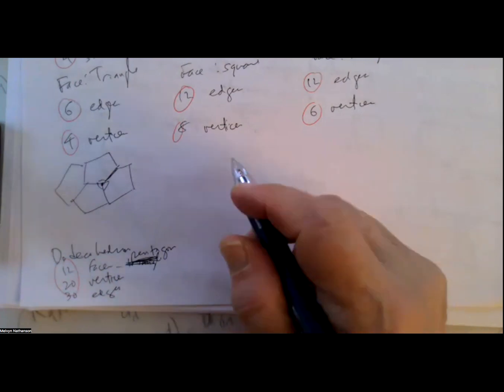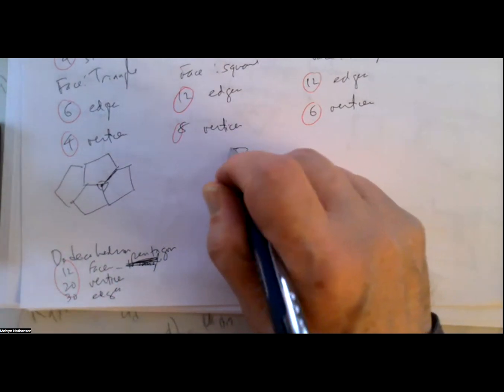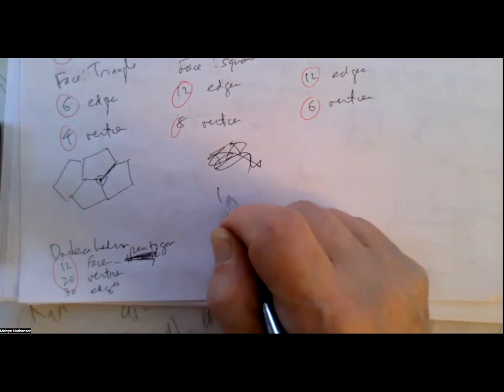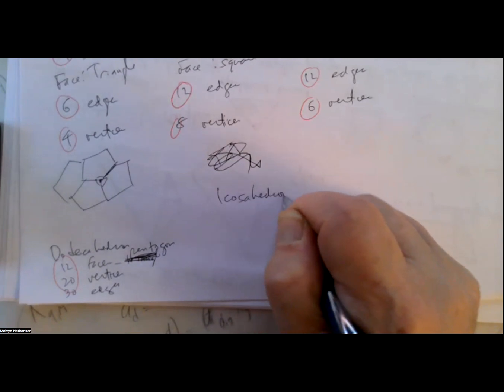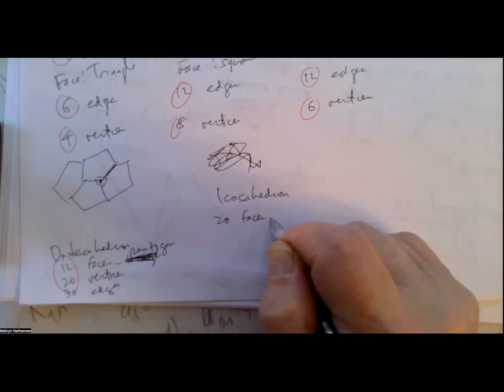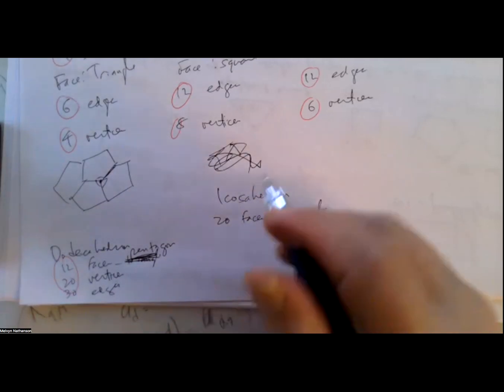And then the last figure, which is completely hopeless for me to draw. There, that's the picture. This is called the icosahedron. So this has 20 faces. Each is a regular triangle.